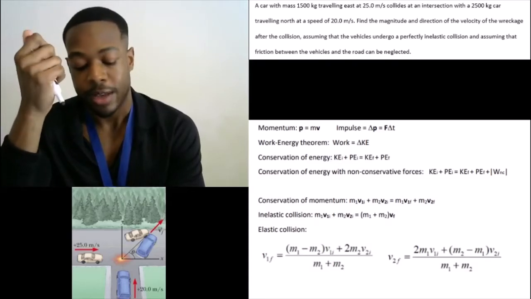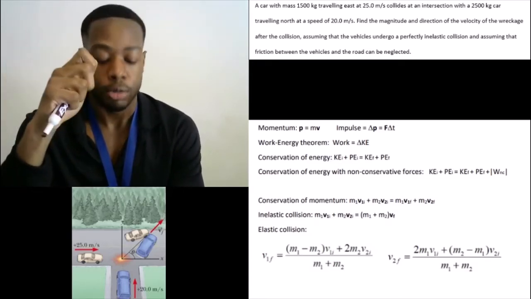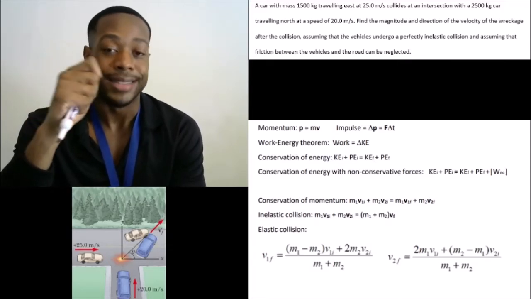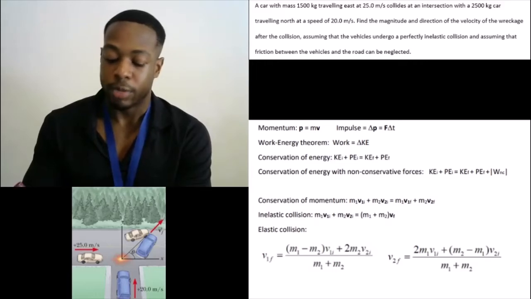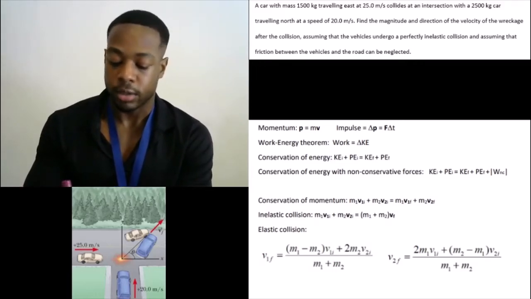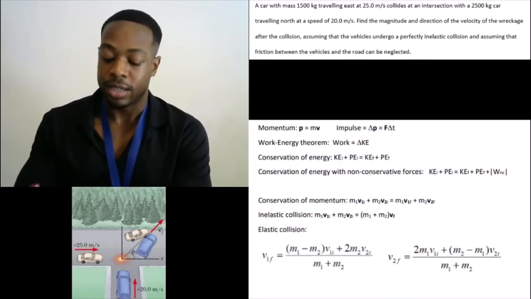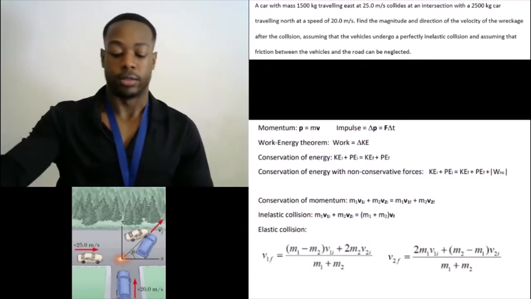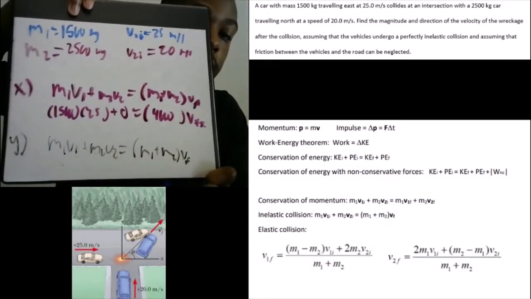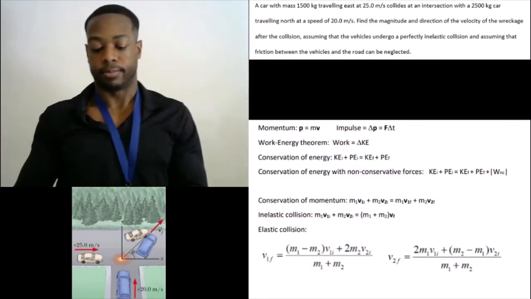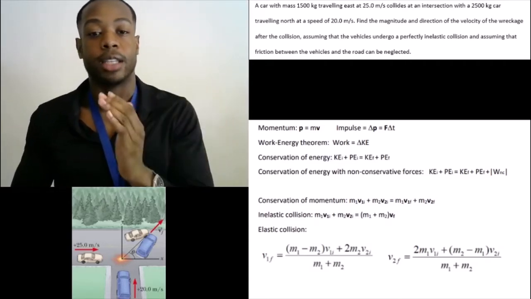So velocity 2 times mass 2 is going to be 0 in the x direction. Put mass 1 and mass 2 together, we should get 4,000, and that's times the final velocity in the x direction. Pretty simple, right? You do the math there, you get the final x velocity.